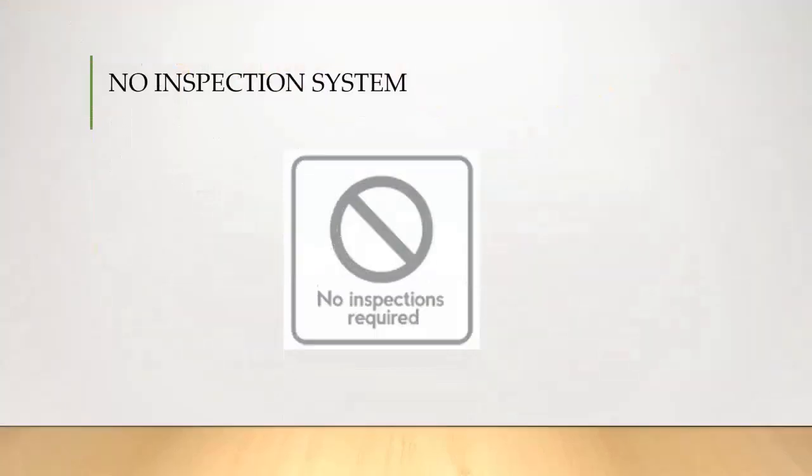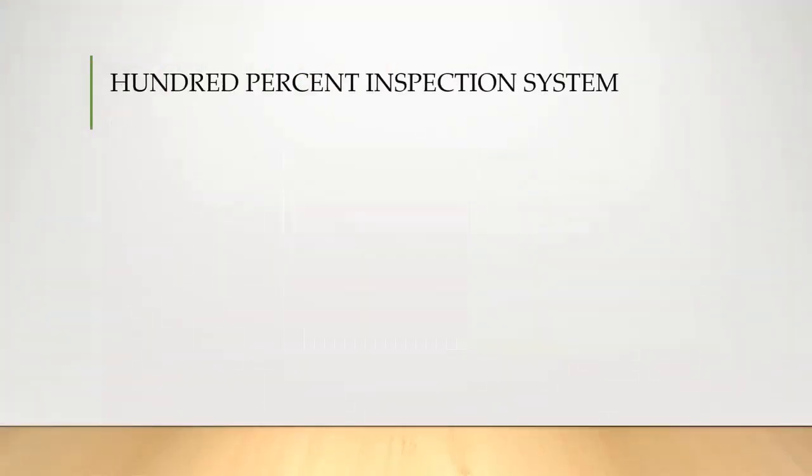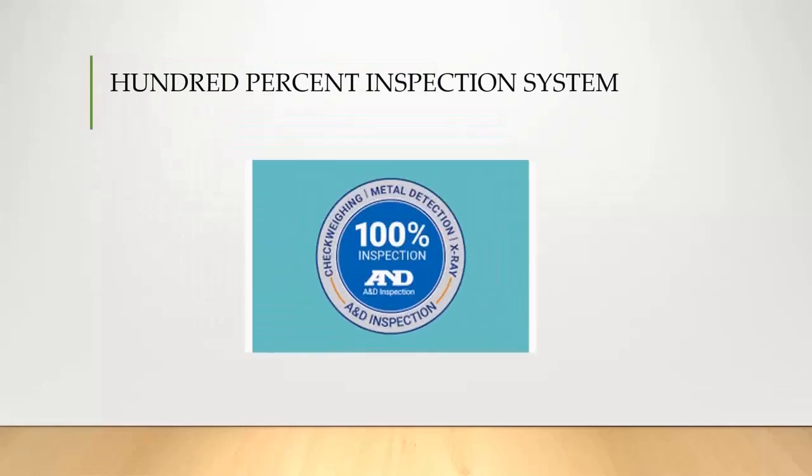So these are different kinds of inspection system. 100% inspection system, students, what do you mean by 100%? As I already told, on which occasion is the 100% inspection system required? For high valued items, or when the buyer has no confidence in a particular factory's products, then 100% inspection may also be required.